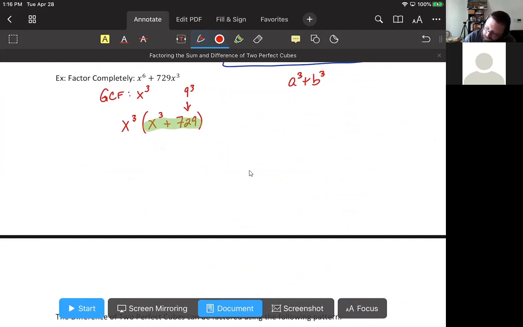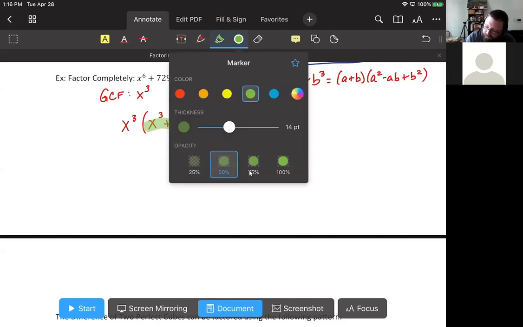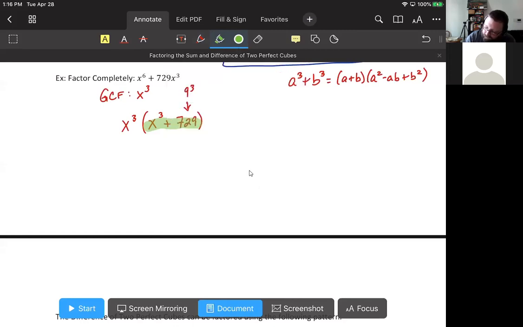Okay, so we have to follow our pattern here. Which says that our a cubed plus b cubed factors into a plus b times a squared minus ab plus b squared. So again, we're just going to leave this out front, and we're going to factor this guy. So we still have that x cubed sitting out front. That's from the GCF.